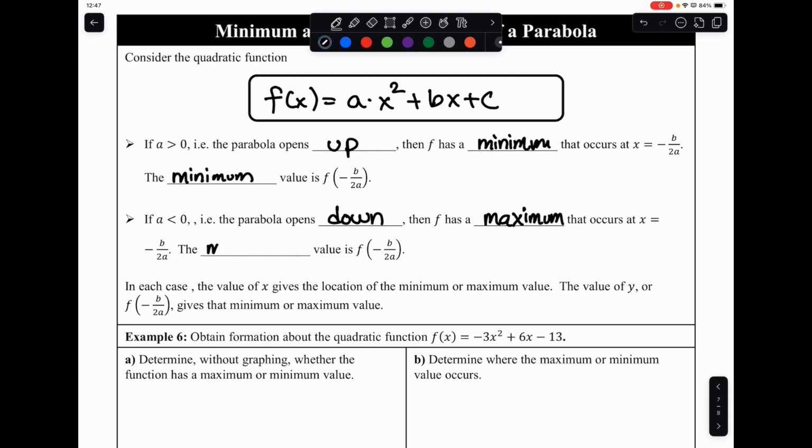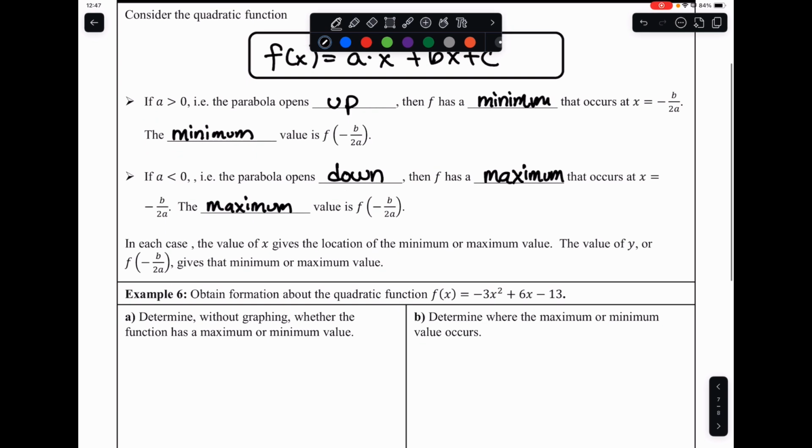And the maximum value is determined by substituting that number into the function and figuring out what the output value is. Now, in each case, the x gives you the location of the maximum or minimum value, and the value of y identifies what that maximum or minimum value equals.